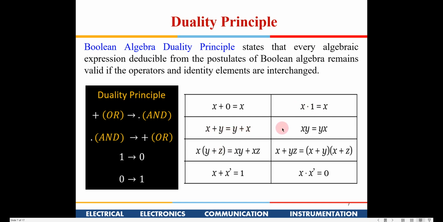Here there are no 1s and 0s, so the OR on both sides is replaced with an AND, so xy becomes yx. Similarly, this is one more expression where AND and OR have been interchanged. Here you have x OR x bar equal to 1, and x AND x bar equal to 0. So this is known as the duality principle, right?